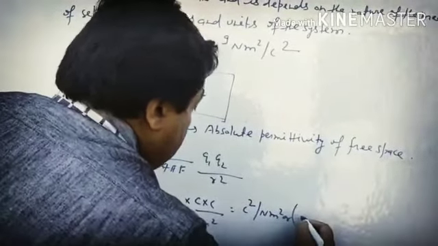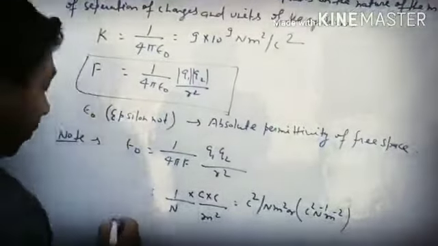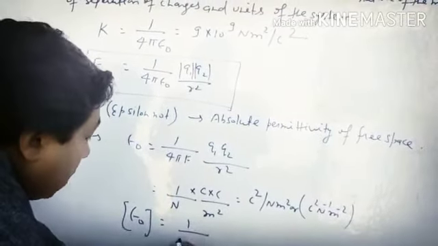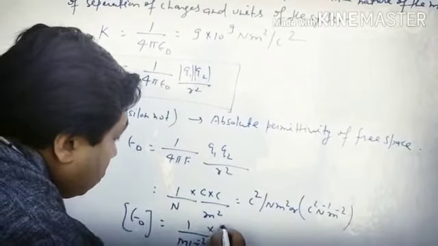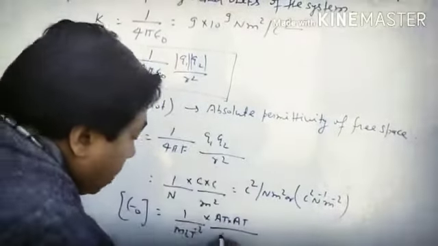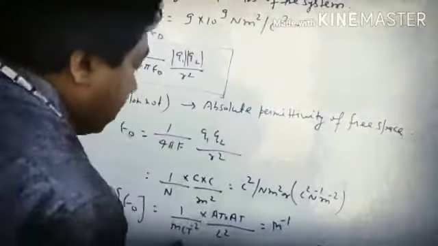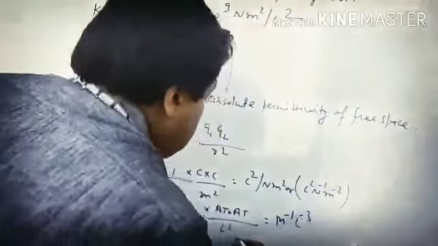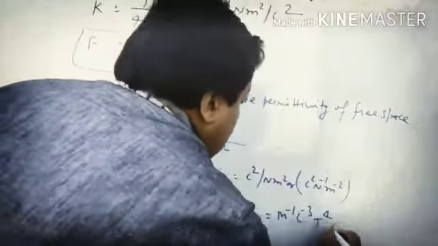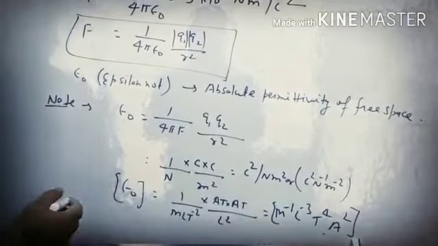For its dimension, we write 1 upon force MLT to the power minus 2, charge AT into AT, and distance L square. Summarizing, we find M to the power minus 1, L to the power minus 3, T to the power 4, A to the power 2. This is the dimension of epsilon naught.